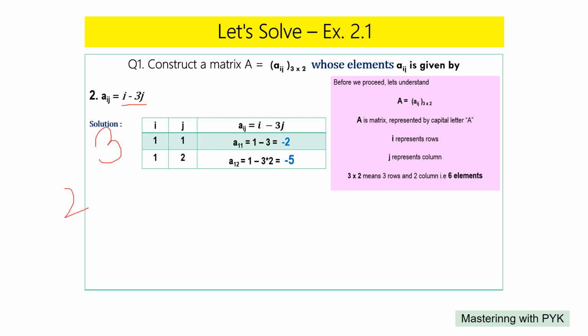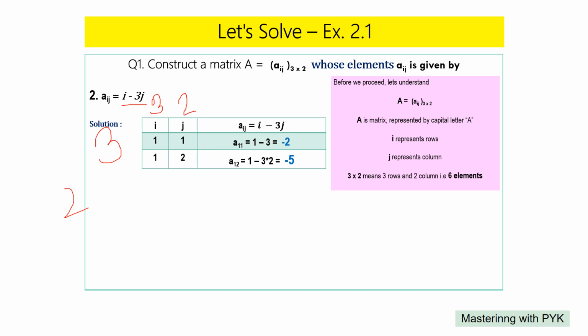So i would vary till 3 and j would vary till 2. So let's start. i as 1, j as 1. So when i is 1, j is 1, our element would be A11. Putting in the values, we get 1 less 3 multiply 1, that comes out to be minus 2.